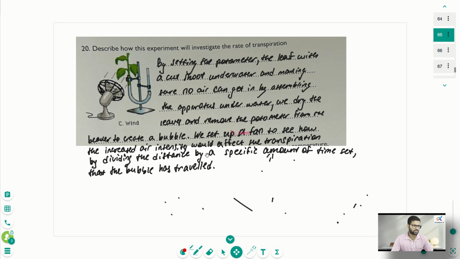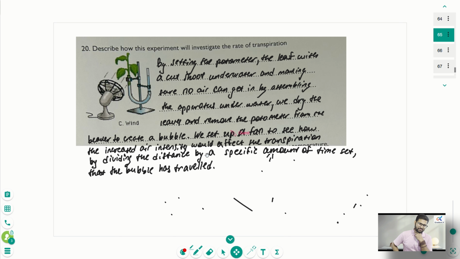Read the question, please. Describe how this experiment will investigate the rate of transpiration. Read your answer. By setting the potometer, they will put the cut shoot underwater, making sure no air can get in. By assembling the apparatus underwater, we dry the leaves and remove the potometer from the beaker to create a bubble.